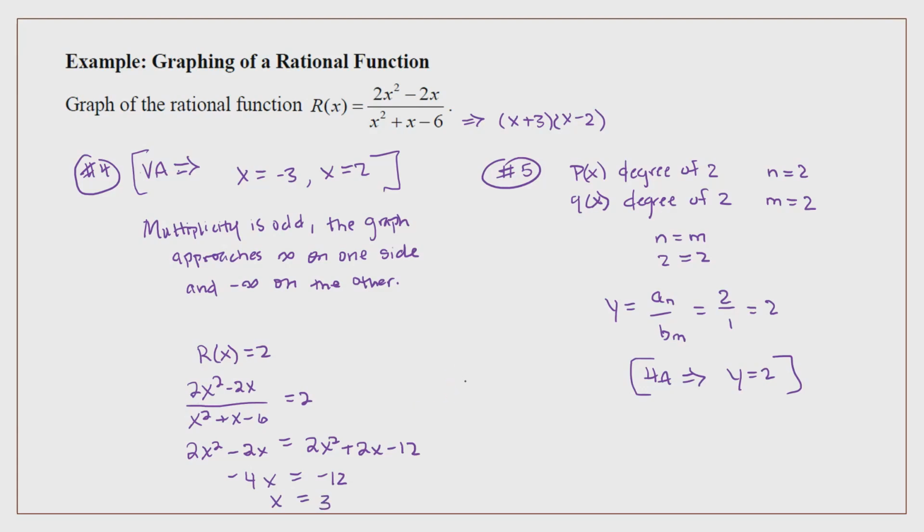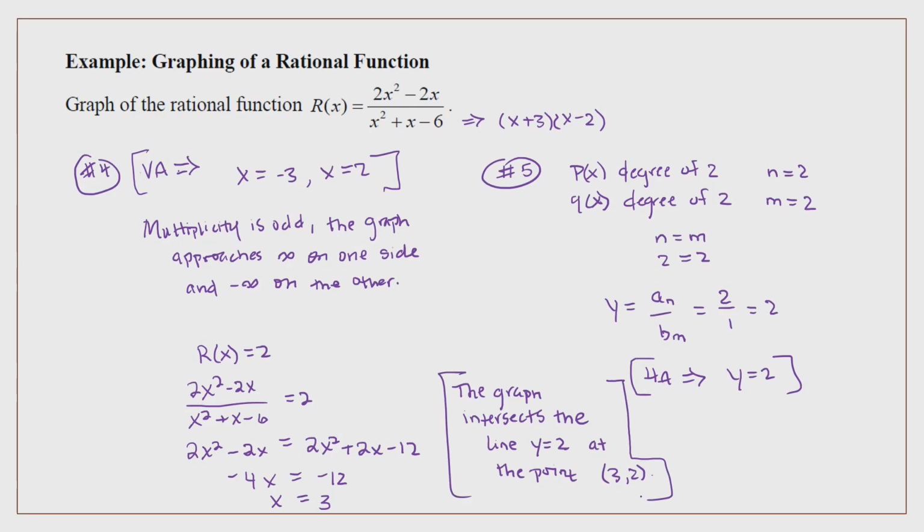Okay, so that means the graph intersects the line y equals 2 at the point (3, 2). So I know now that I have a point that lies on my asymptote.